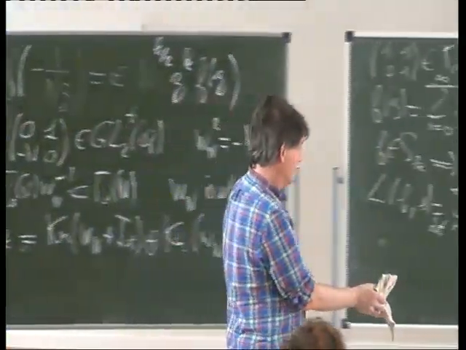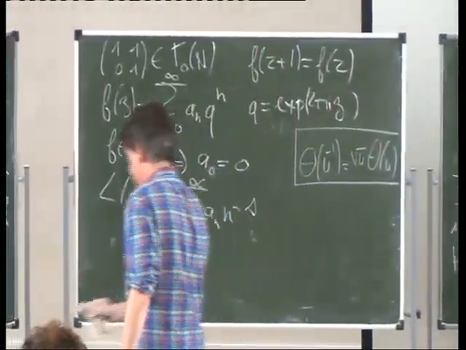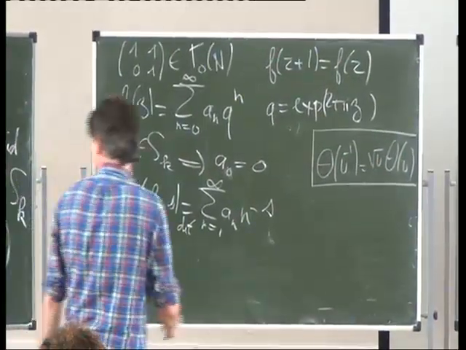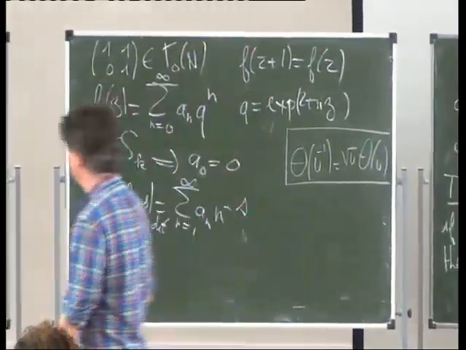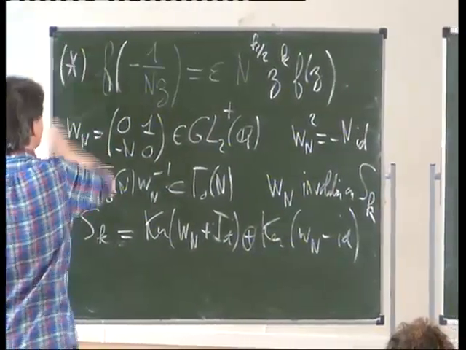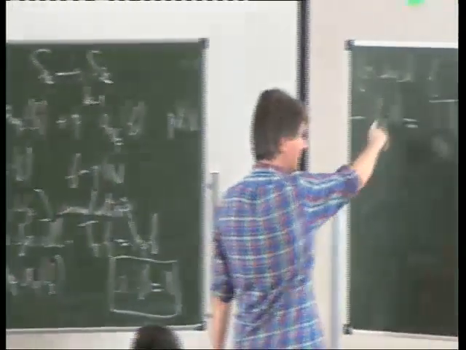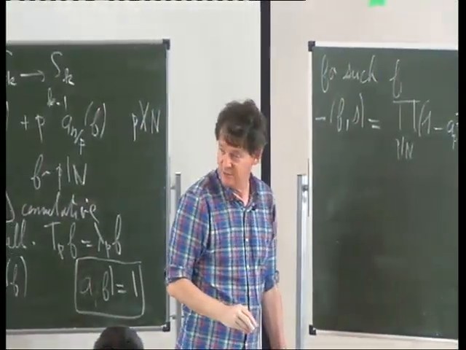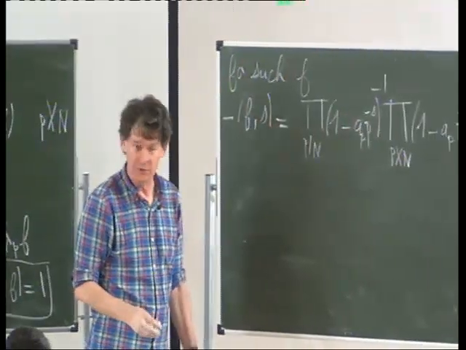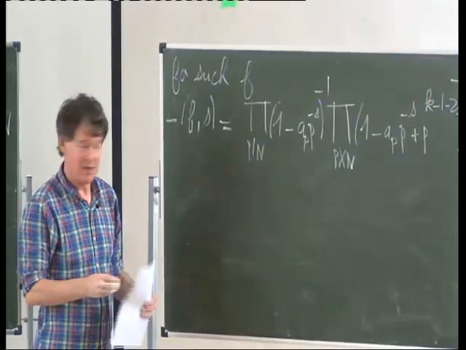Now, the last thing I want to explain is that, let me give a name to this equation. So for such f, if it's an eigenvector for all Hecke operators, the L function has this shape.